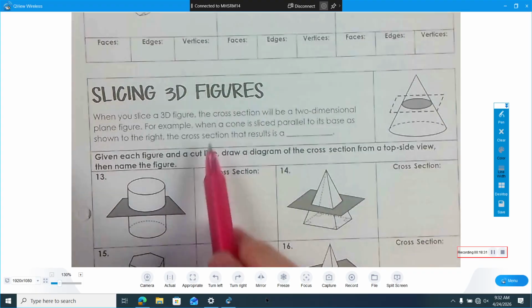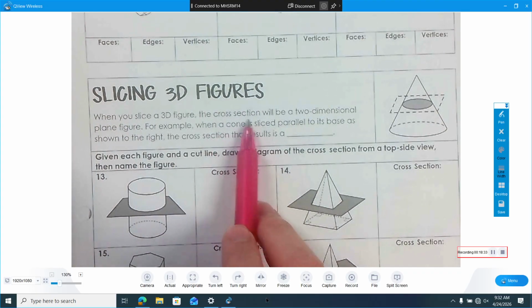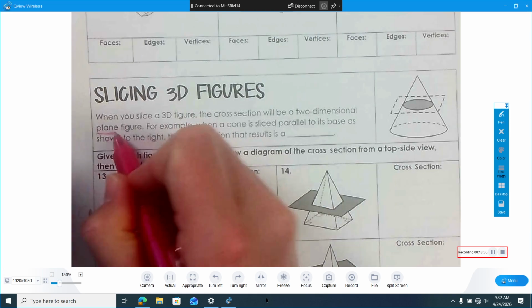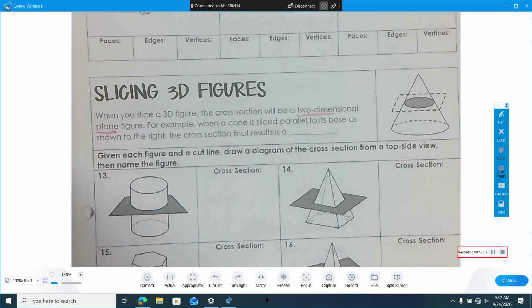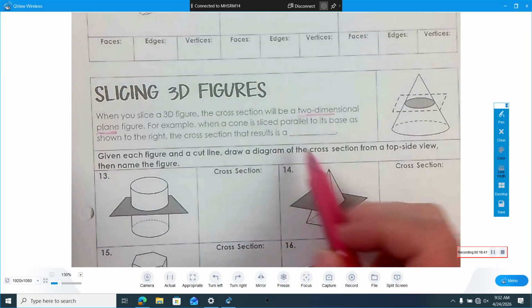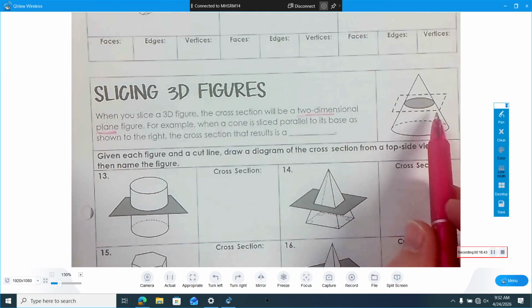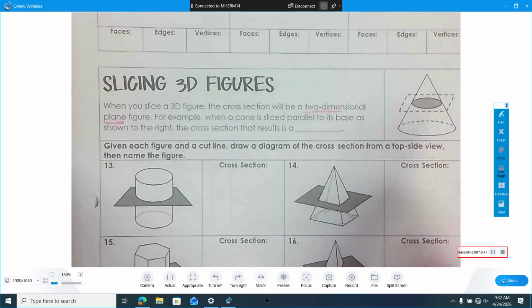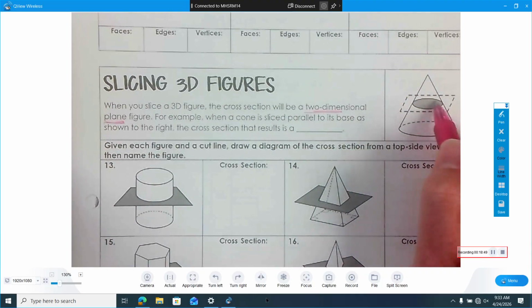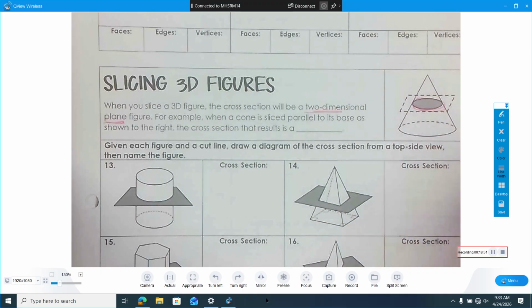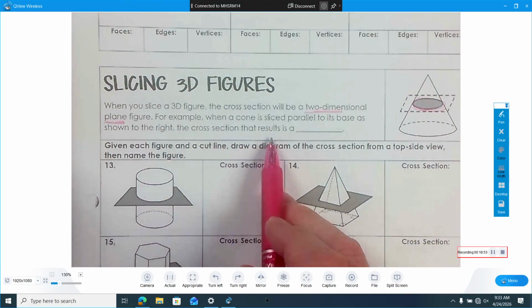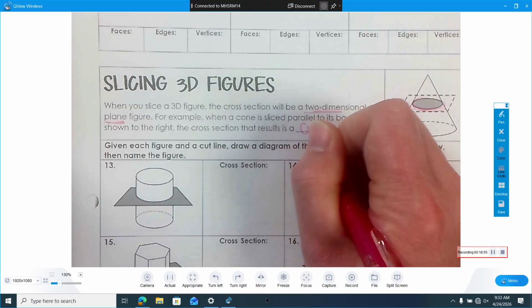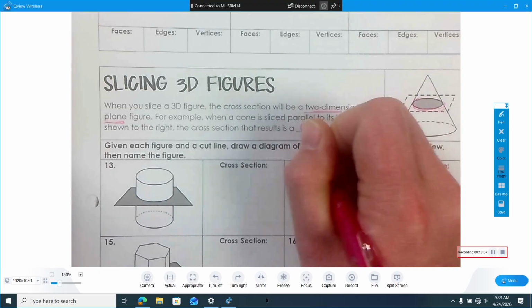And so when you slice a 3D figure, the cross section will be a 2-dimensional plane figure, a shape like a circle or a square or a triangle. For example, when the cone here is sliced across, this is the cross section, and that cross section is a circle.